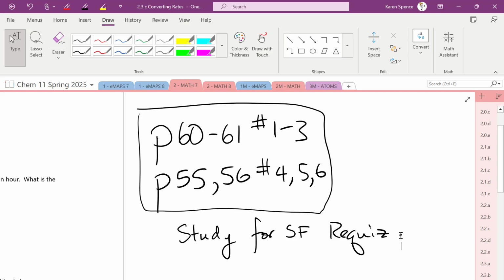Oh, okay. Let's find it for you. I marked it. I'm not 100% sure I've marked it. Let me just check. I may not have. Let's find out.